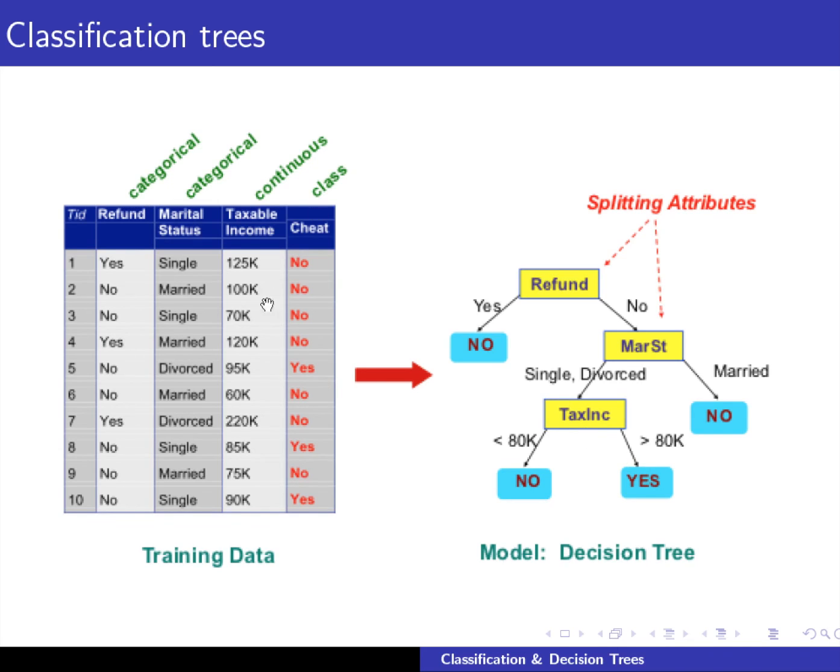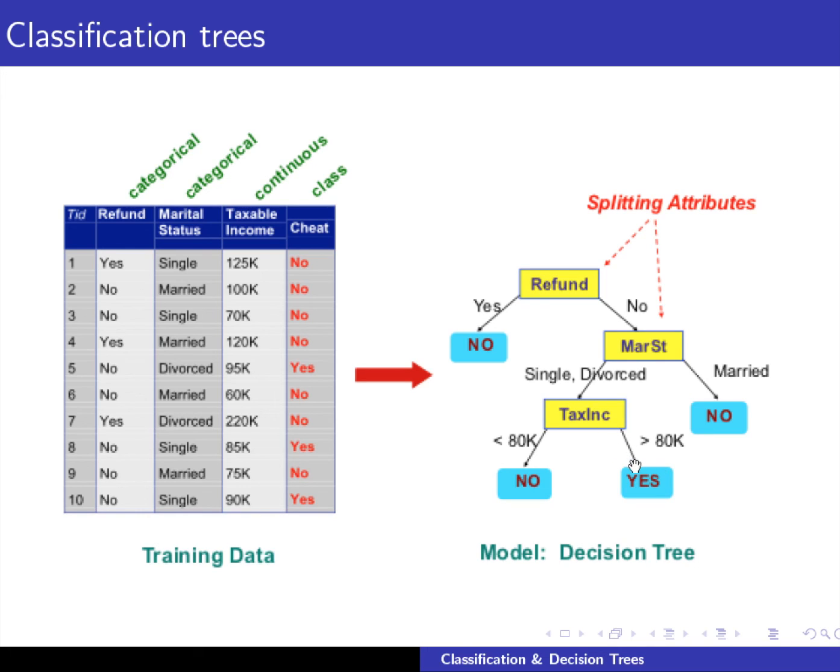And you can just take a look at that and verify that, like 60K, well, that's married, wait, single, single 70K didn't cheat. Okay, single 125K didn't cheat. So we've got ones less than 80K didn't cheat, so we just go ahead and classify them as no. Greater than 80K we classify as yes.